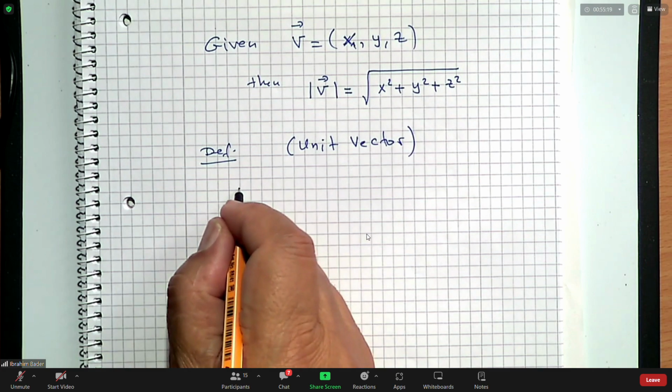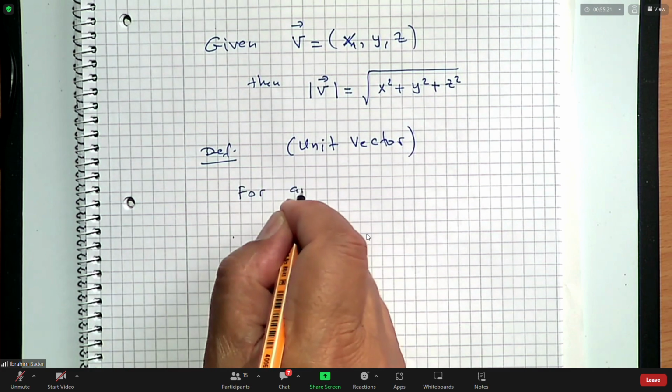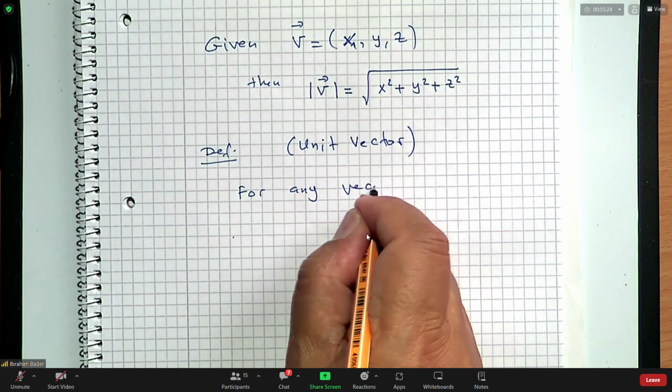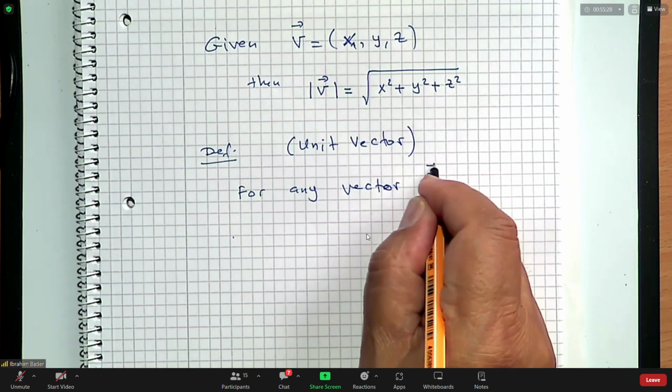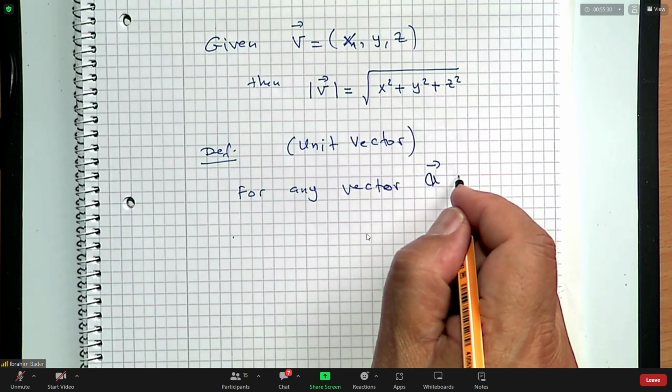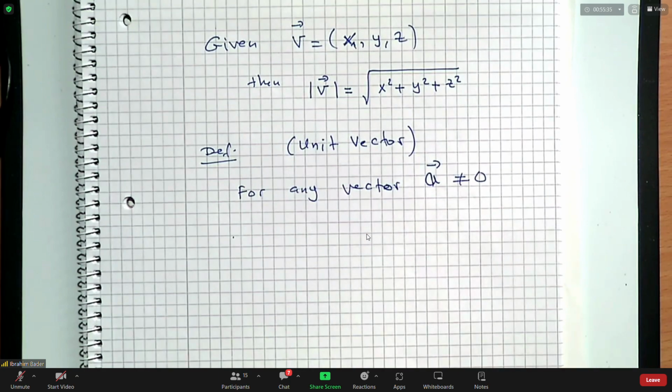Now, out of any given vector, so for any vector, let's say A, actually it's not equal to 0.